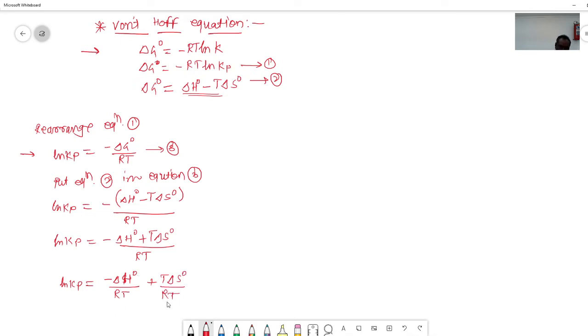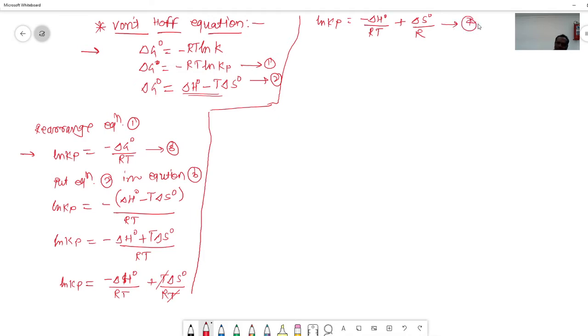Now we have separated this denominator, therefore this T and T will get cancelled and the equation comes out to be ln Kp is equal to minus delta H0 divided by RT plus delta S0 divided by R, right? Suppose this is equation number 4.